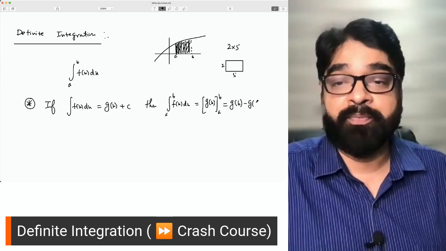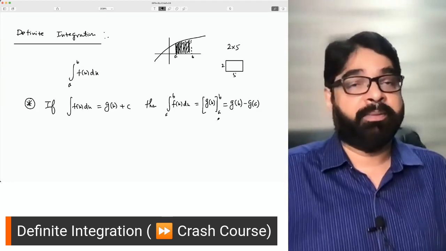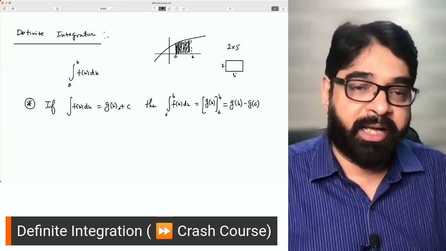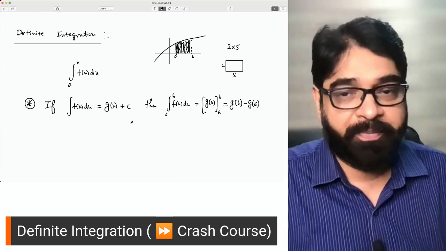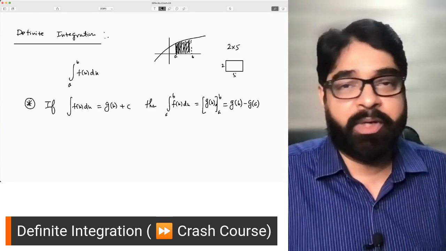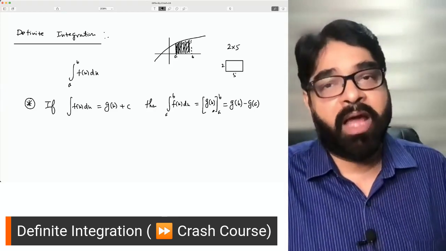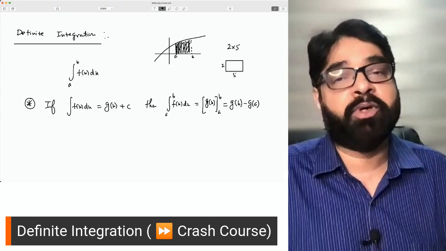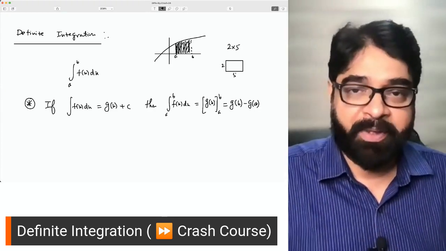Not always true, I will tell you. This point is important. Remember, definite integration never brings the constant; indefinite integration always gives the constant. Writing c is not needed, because if you write it, it will get cancelled. So first put b, so g(b) comes, minus put a, g(a) comes.